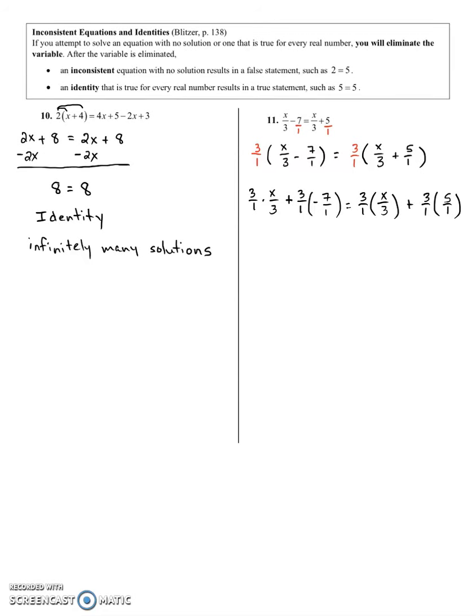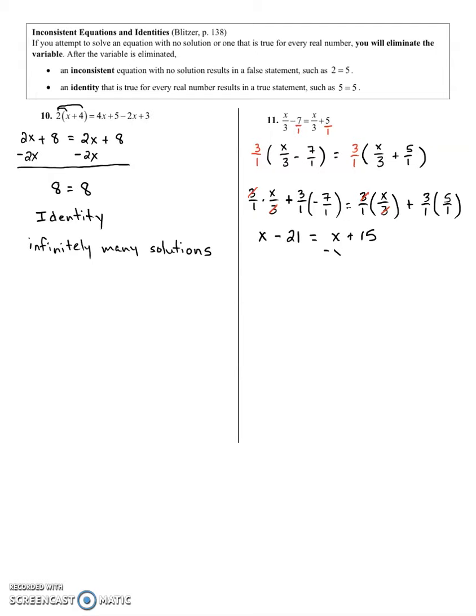As you can see on the left-hand side, 3 over 1 times x over 3, the 3's cancel and leave us with an x. 3 over 1 times negative 7 over 1 is negative 21. And that equals, again, 3 over 1 times x over 3, so our 3's cancel and leave us with an x, and then plus 3 times 5, so plus 15.